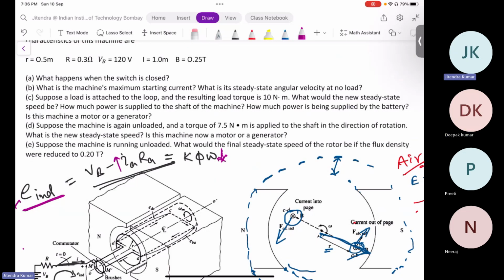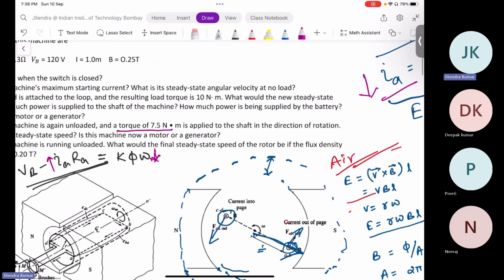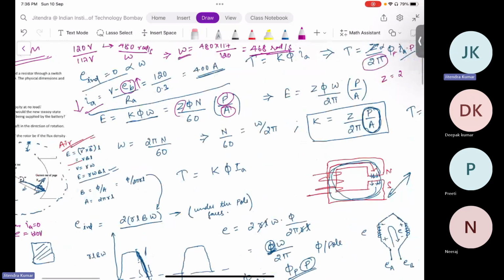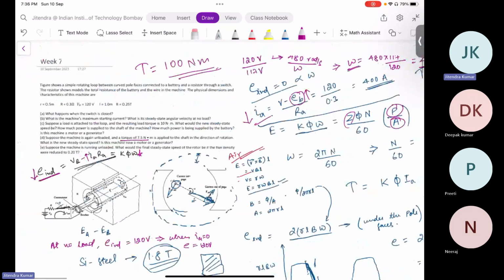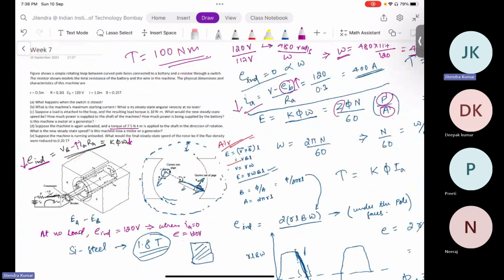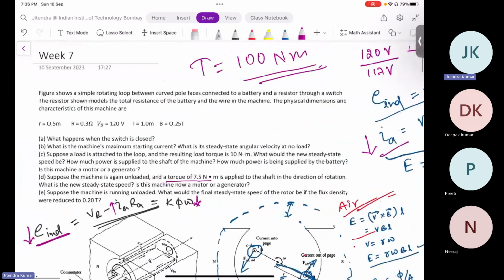So when a torque of 7.5 Newton meter is applied to the shaft, we again have to do the same thing: compute the current. It might be in your subconscious as well. If you see the torque, from the next time you will straight away calculate the current.